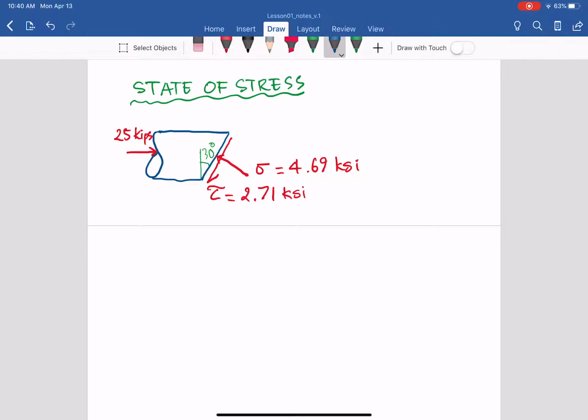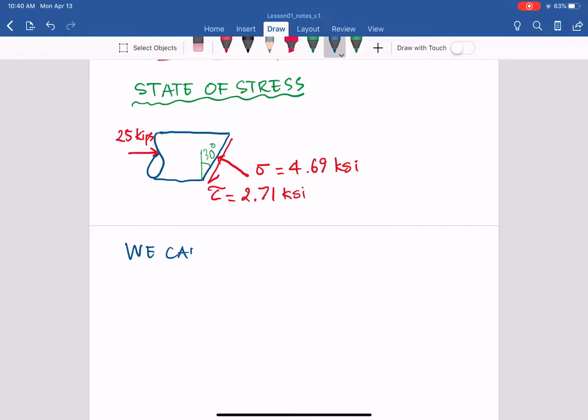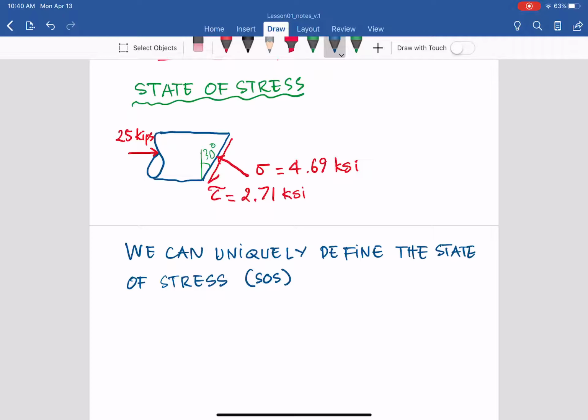So we can uniquely define the state of stress. We can say that the SOS, right? SOS is something negative in society, but here it has nothing to do with that.